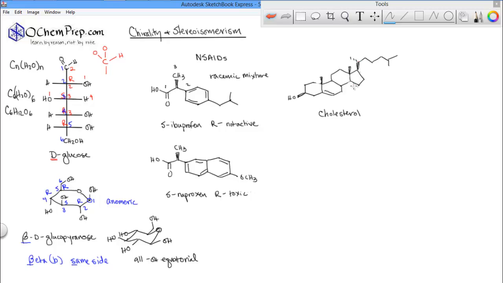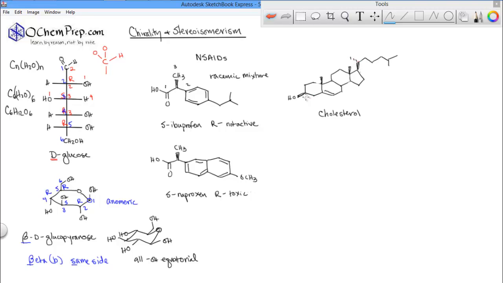And the last structure I have is a very familiar structure of a steroid. Steroids all have 3 6-membered rings linked together like this, plus a 5-membered ring. And cholesterol has this structure with a double bond and an OH and these methyl groups and this big long R group right here.